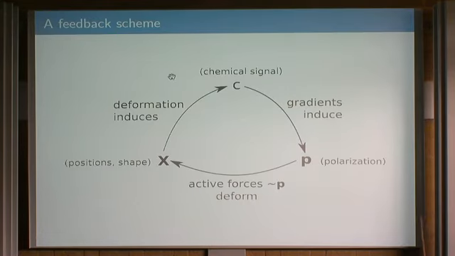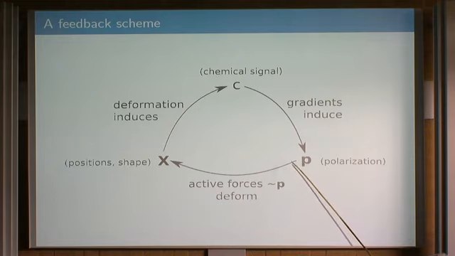So here is the basic scheme, which can be varied in different applications. So we have basically three factors. One is positions and shape, though this is a deformation field, concentration or chemical signals, different chemical signals, and polarization.